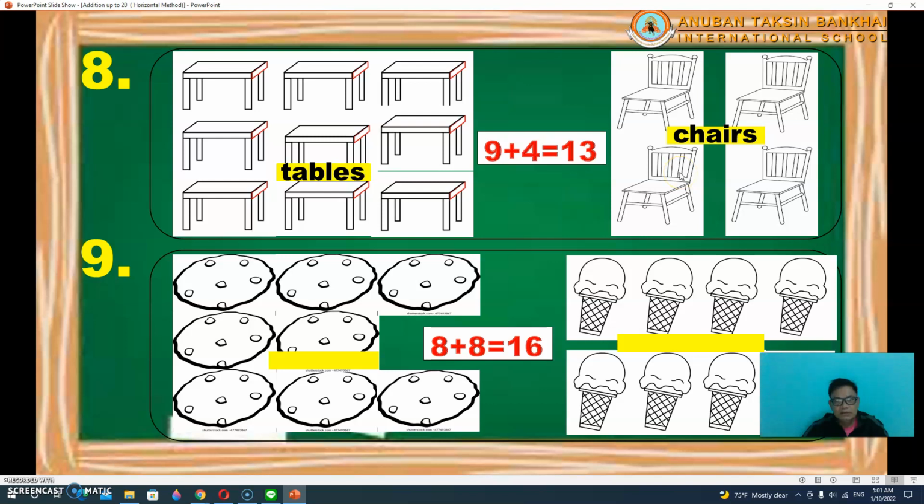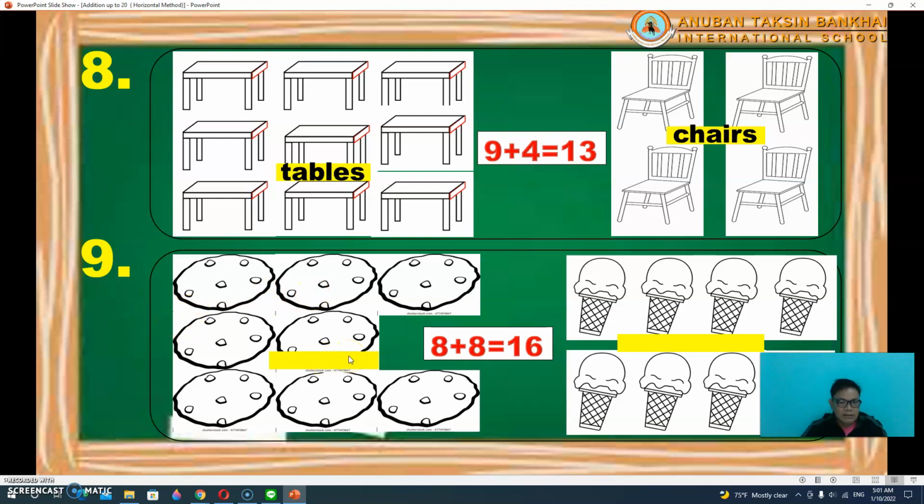Correct. Very good. So 9 plus 4 equals 1, 2, 3, up to 13. So 9 plus 4 equals 13. Correct. Very good. So let us proceed to number 9.